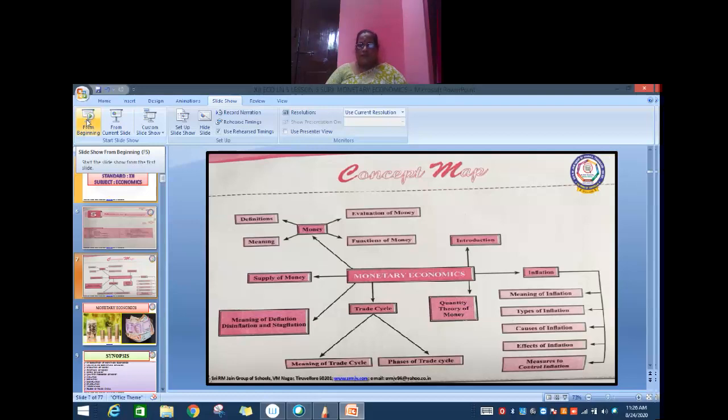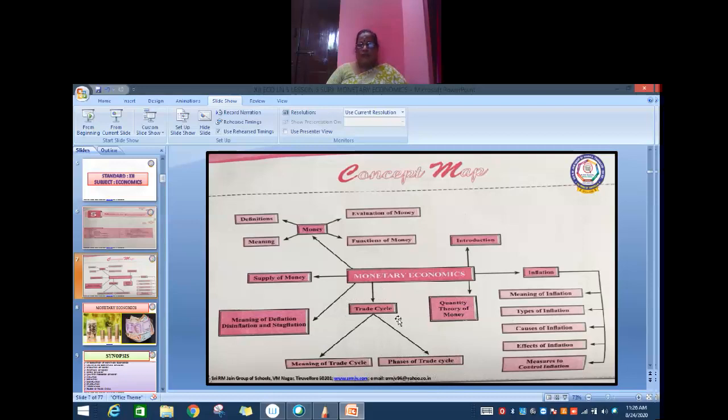The last phase of this lesson is trade cycle. Today we are going to learn the meaning of trade cycle and the phases of trade cycle.